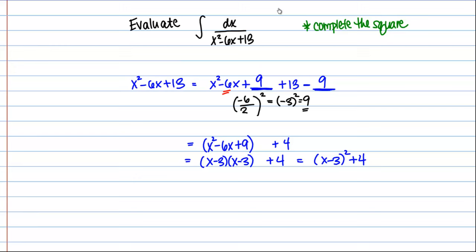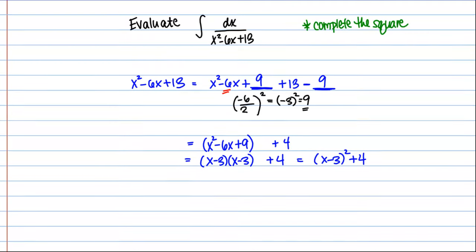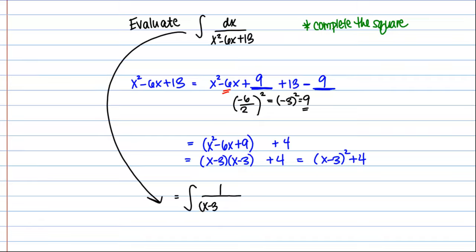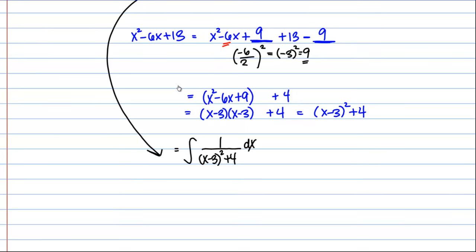All right, now we've got this binomial that's squared. So I'm going to rewrite my integral then using what we just discovered. This is now 1 over x minus 3 quantity squared plus 4 dx. Well, hopefully you recognize that form. This is a basic antiderivative form that we should know.